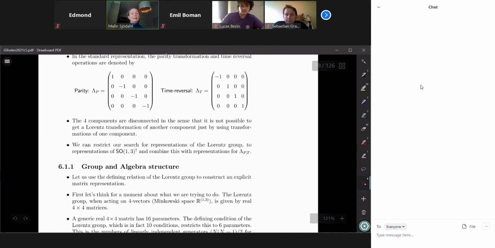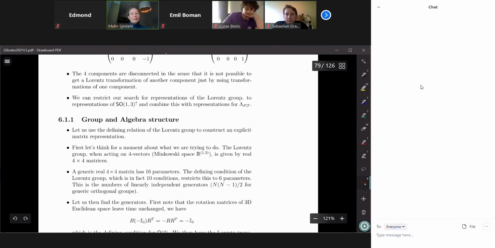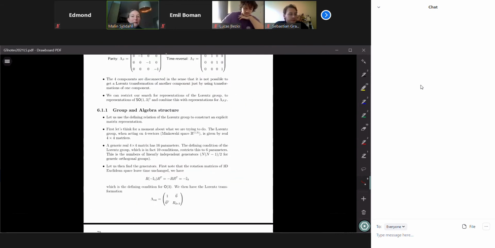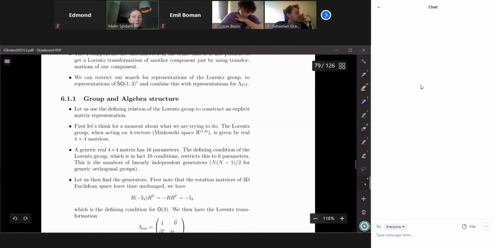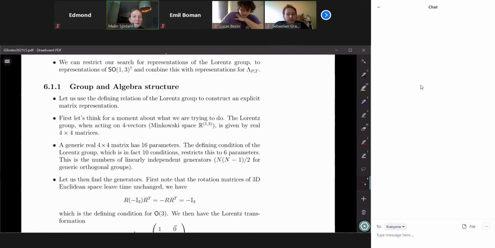Okay, then we will have a look at the algebraic structure and the generators of this group. So we will now try to explore what matrices we can have and how they can be generated. So what we are trying to do is that we try to find the Lorentz group, which is acting on 4-vectors in Minkowski space, and it's given by 4x4 matrices.